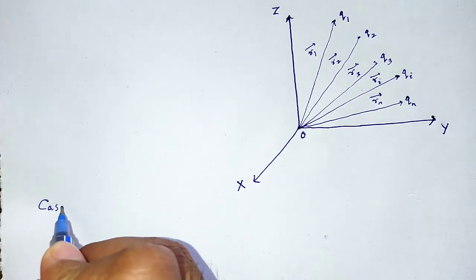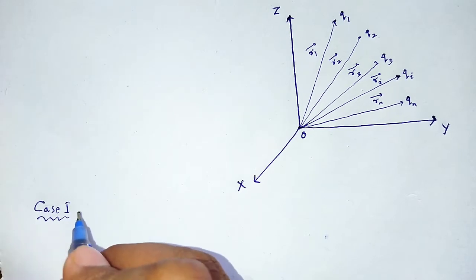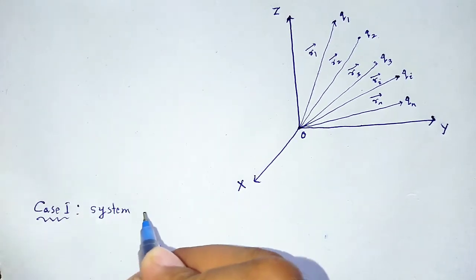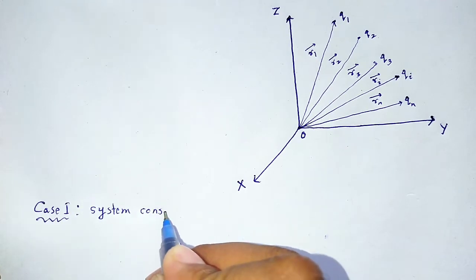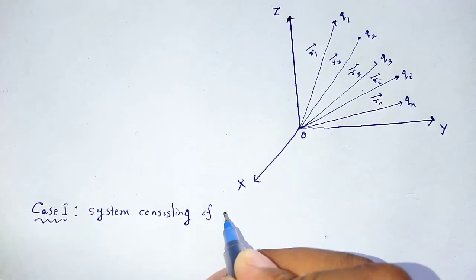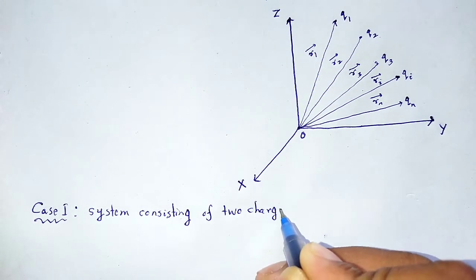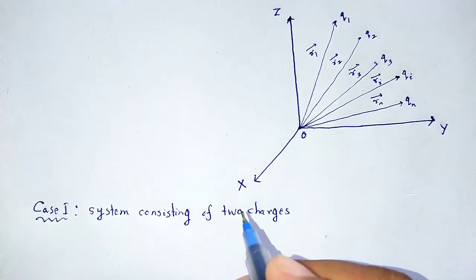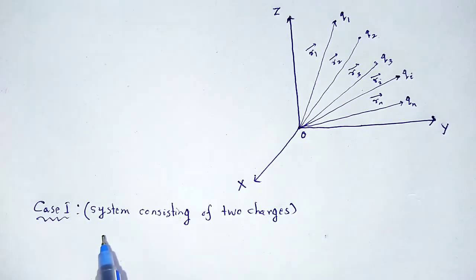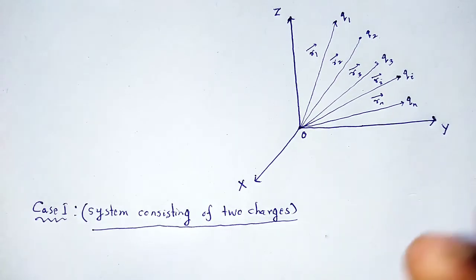Case 1, system consisting of two charges. Then what will be the electric potential energy?